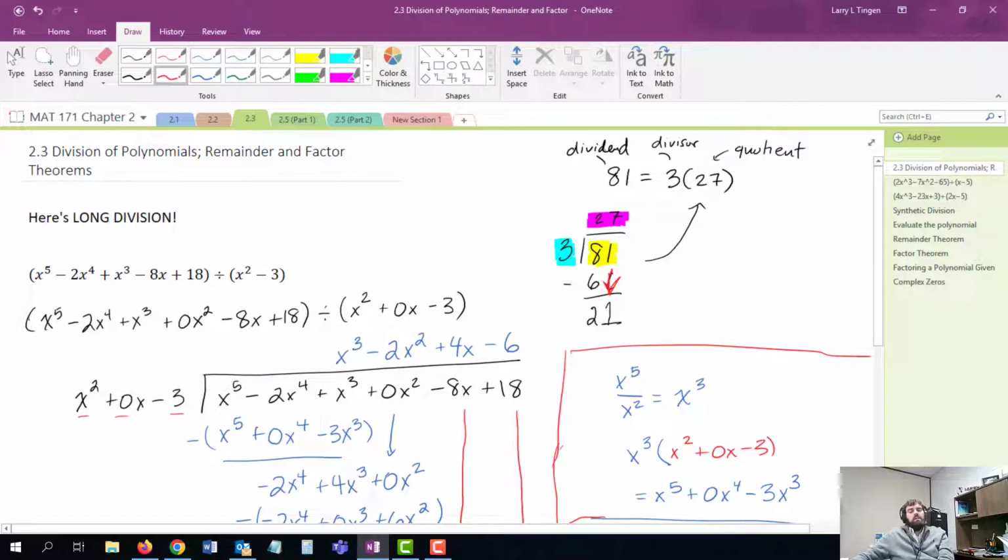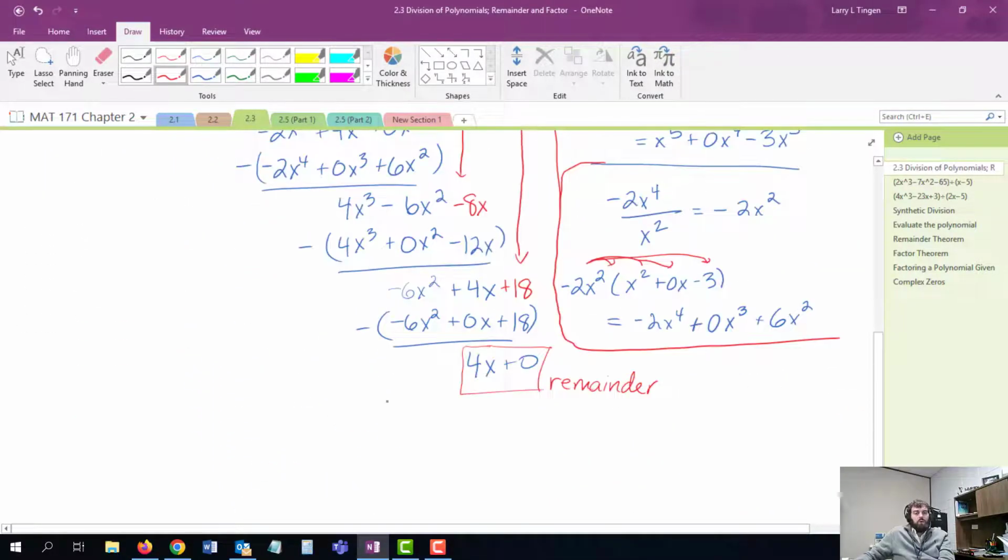Now, previously we said that when I get done with the problem, I can rewrite the dividend as the product of the divisor and the quotient. When I have a remainder, I have to add that to the right-hand side.